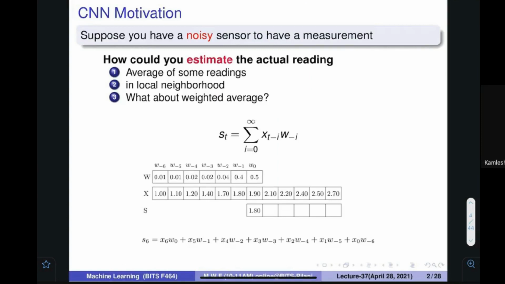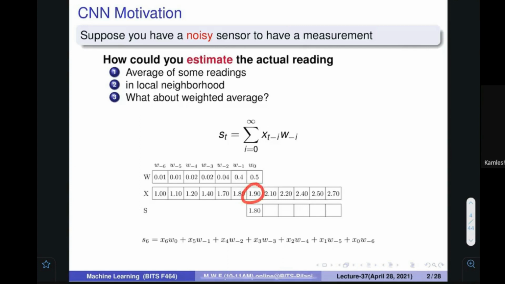For example, here is a small example for you. Let's assume that these are the values coming from the sensor: 1.0, 1.2, 1.4, 1.71. These values are coming to you, and now you want to understand what the actual value is at this particular point.